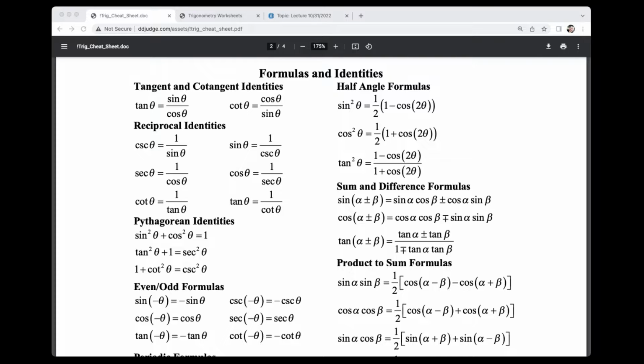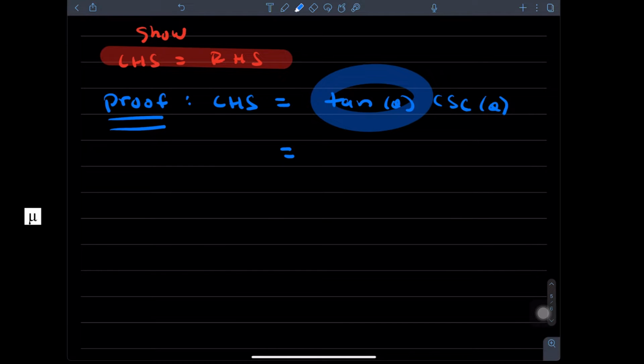So what do you guys think you can use here? Anybody see anything you can use, you can take? I see something. What can you say? I see it. What's tangent theta? Sine over what? Cosine theta.